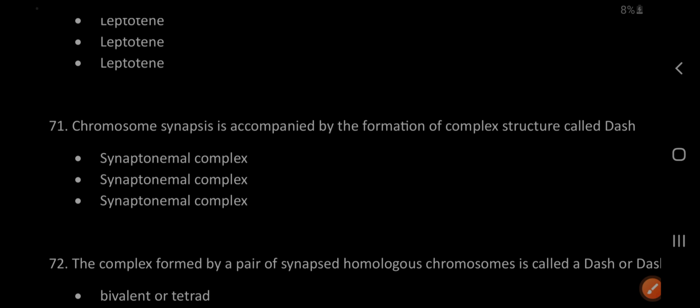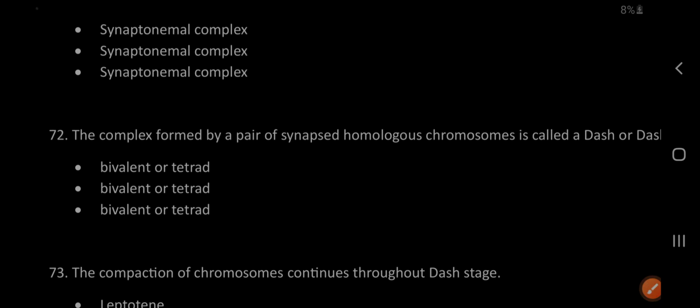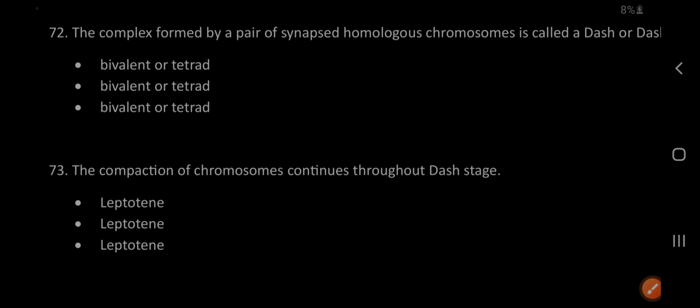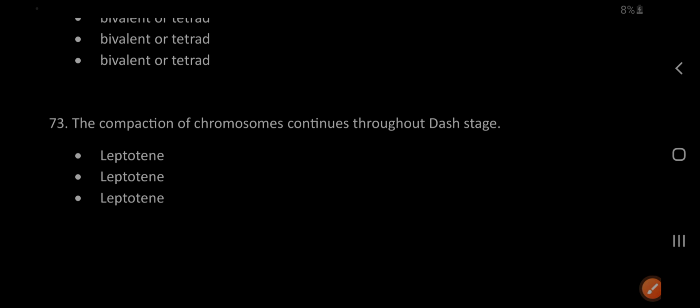Chromosome synapsis is accompanied by the formation of a complex structure called the synaptonemal complex. The complex formed by a pair of synapsed homologous chromosomes is called a bivalent or tetrad. The compaction of chromosomes continues throughout leptotene stage.